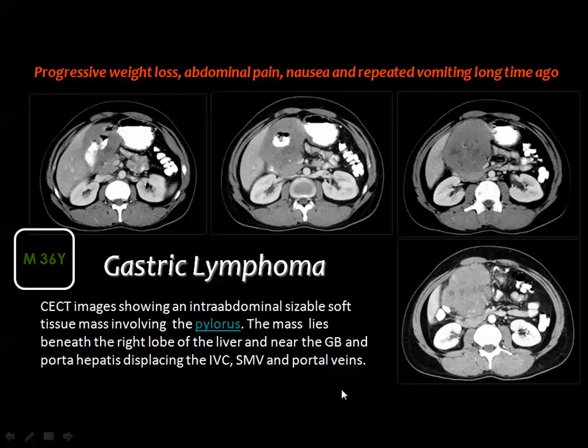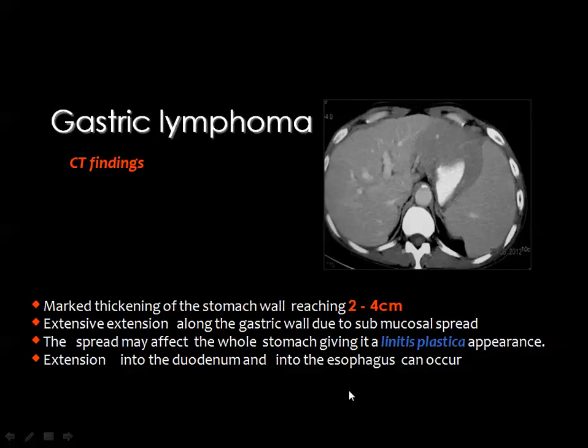One of the usual appearances of lymphoma in the CT scan is diffuse gastric mural thickening, and this thickening may reach up to 2 or 4 centimeters, and this will be presented in barium as marked luminal attenuation, which is known as linitis plastica.